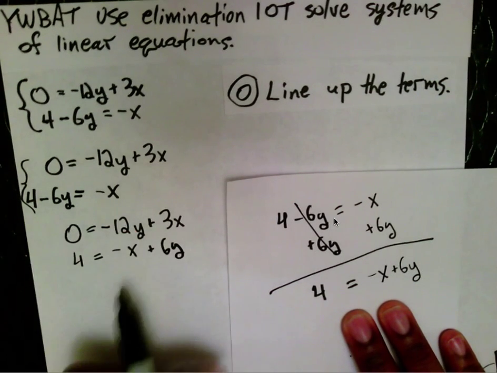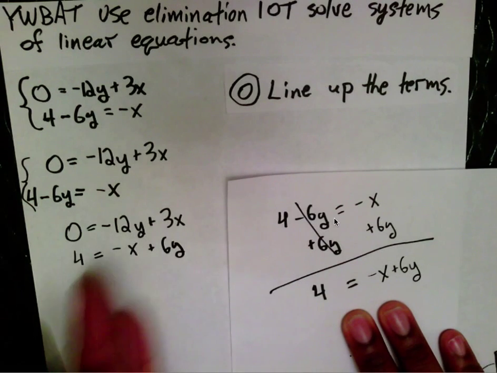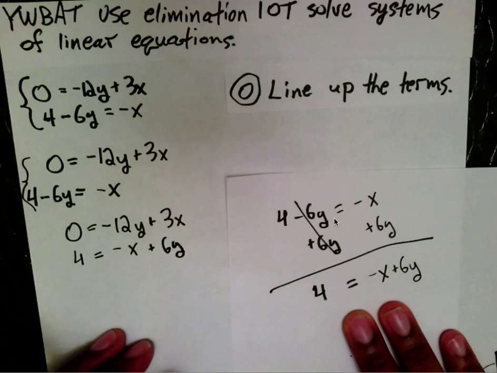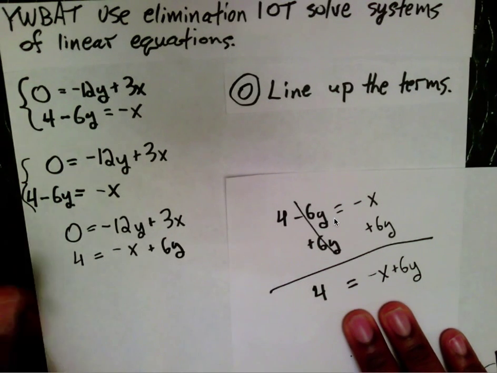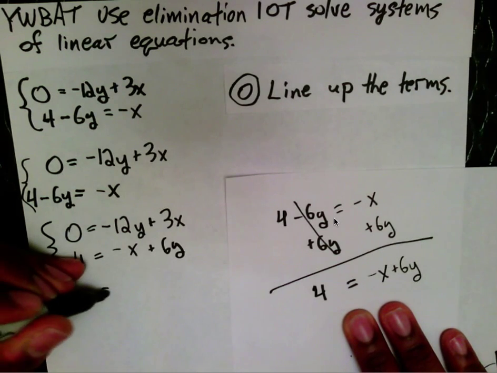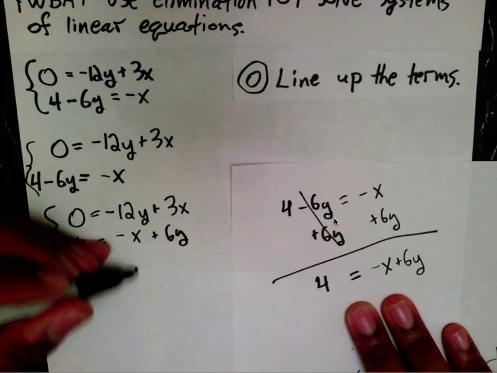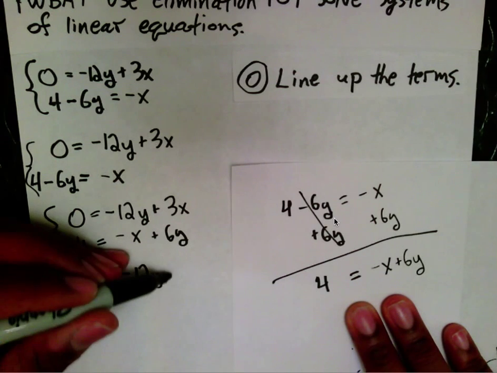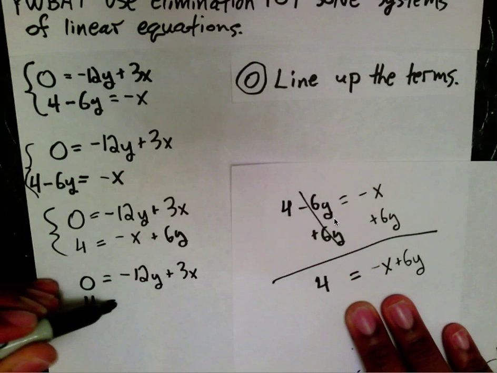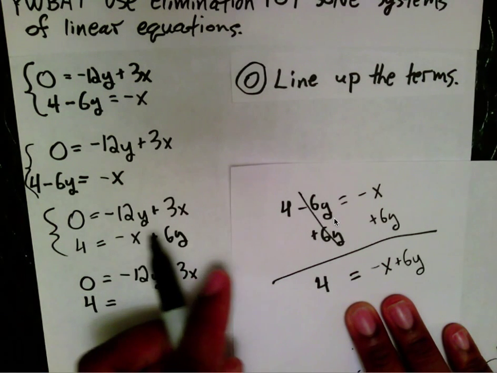But look, they still aren't lined up. I need my x's and y's lined up. So why don't I rewrite again? 0 equals negative 12y plus 3x, and then 4 equals, now I'm just going to rearrange my x and my y's.